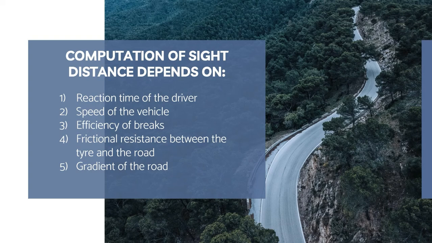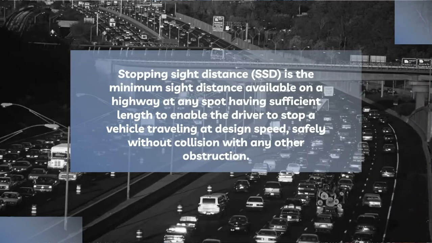Stopping sight distance is the minimum sight distance available on the highway at any spot having sufficient length to enable the driver to stop a vehicle traveling at design speed safely without collision with any other obstruction. Safe stopping distance is a term used in traffic engineering to describe one of the most important measures.